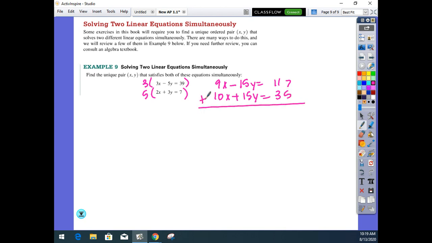Then we're just going to add our like terms together, hence eliminating our y's. As soon as we know our x value is 8, we can plug x back into either equation to solve for y.